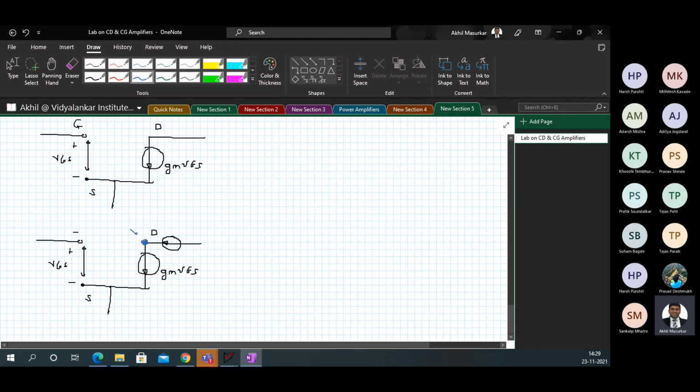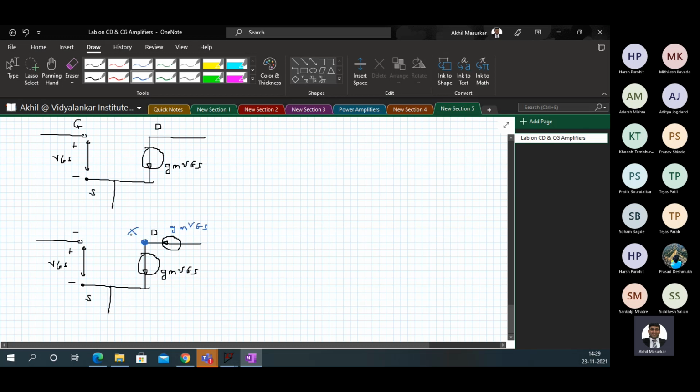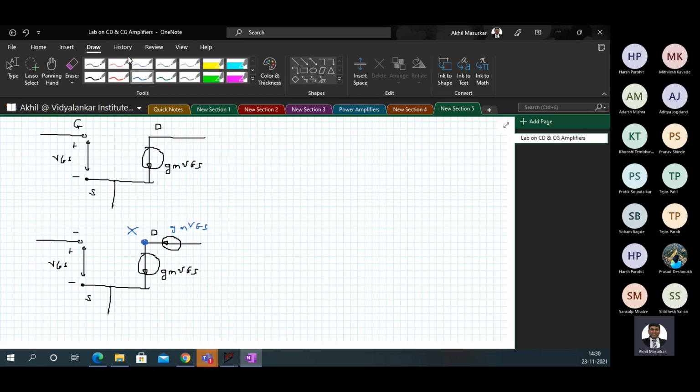So this is something new for you. If I insert a node, then at that node the incoming current is equal to the outgoing current. So this arrangement is okay. But two current sources in series without a node are not allowed.